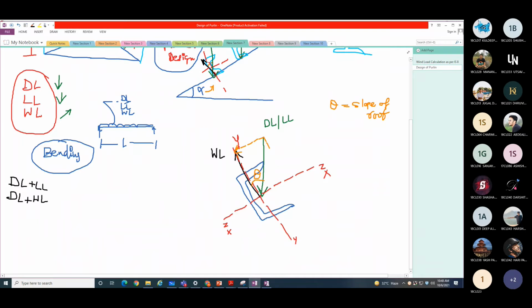And the other force over here will give the dead load or live load. Sine or cos? Sine. Dead load or live load. This is the way you can do the transformation.